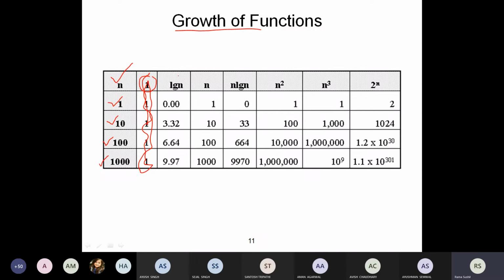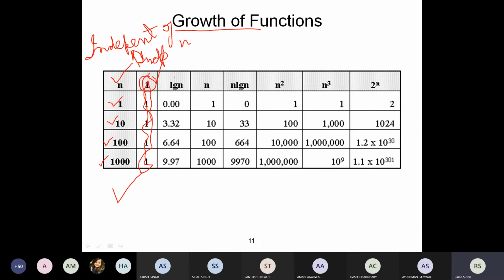For the standard function, it is constant itself, there is no dependency on n. It is independent of n. You have seen the example yesterday. So in that case it is always constant, independent of n.